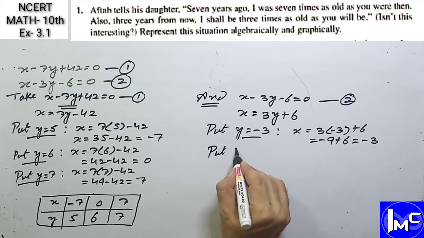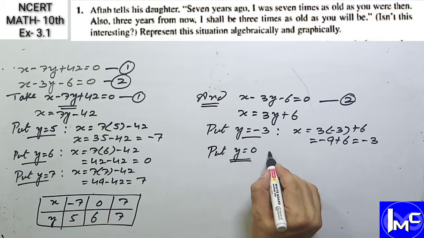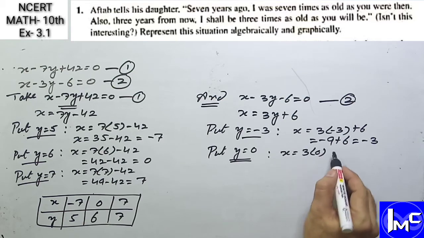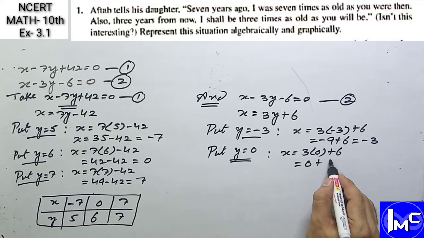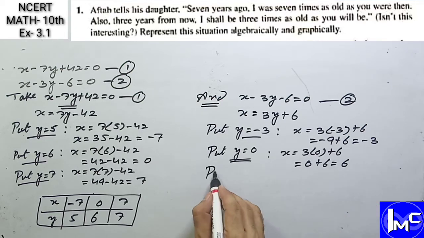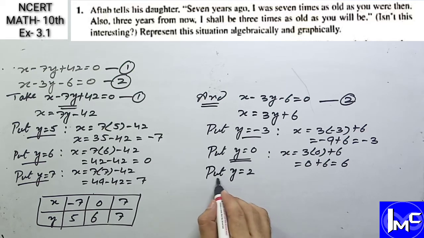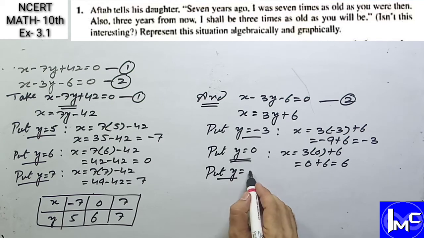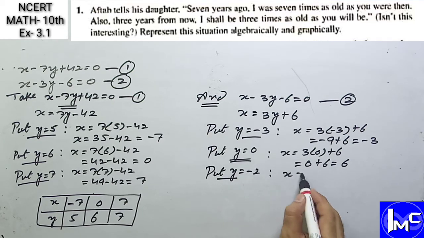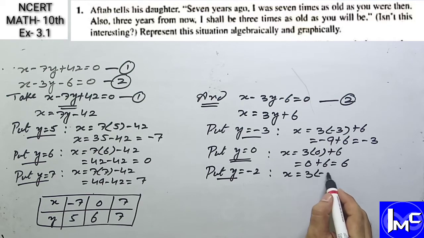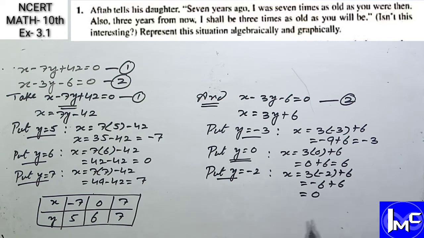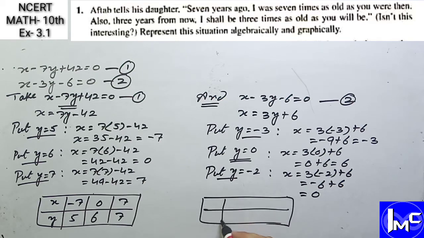Again put y is equal to 0, x is equal to 3 into 0 plus 6 will be 0 plus 6 is equal to 6, and last one is put y is equal to minus 2, it will be x is equal to 3 into minus 2 plus 6 is equal to minus 6 plus 6 is equal to 0, and its solutions will be x, y.